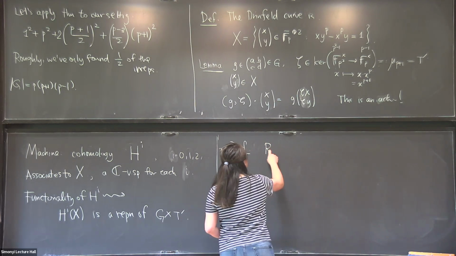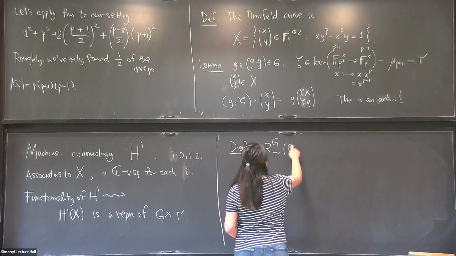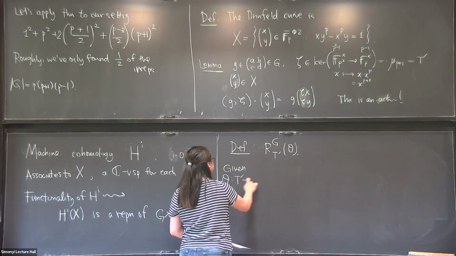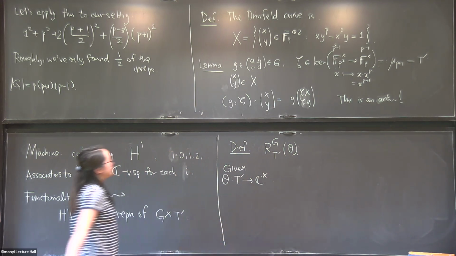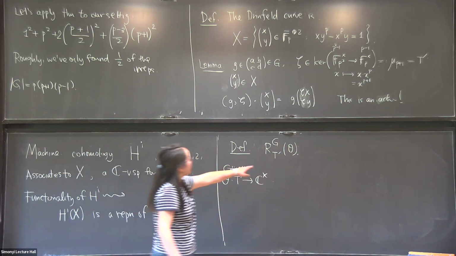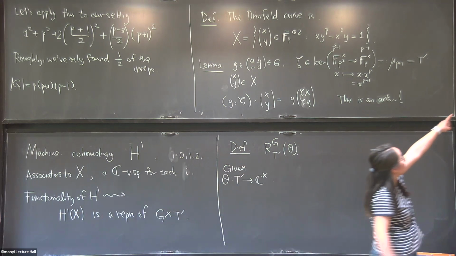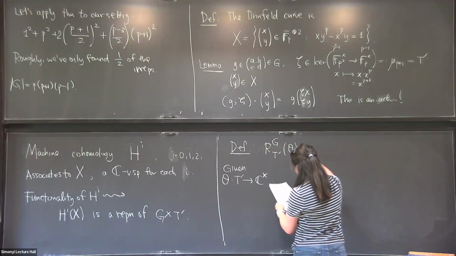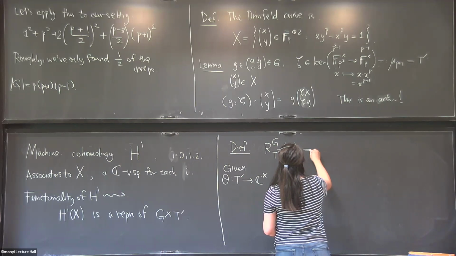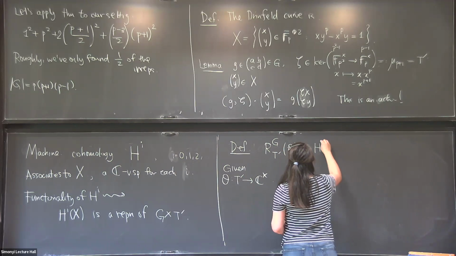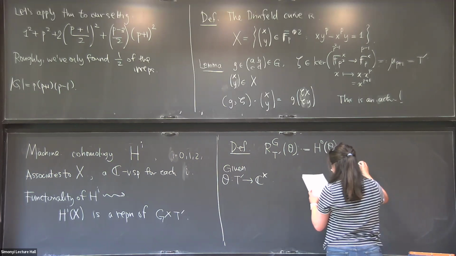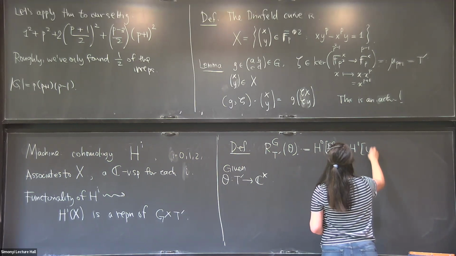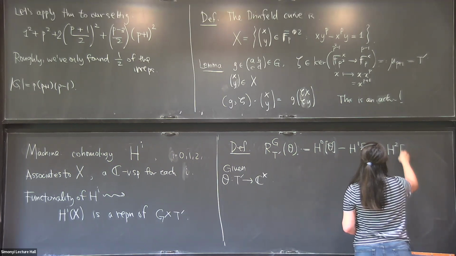So given a character theta, a one-dimensional representation of T prime, I'm going to define an analogous thing to what I did over there. Over there we had R_T^G of something; here I have R_{T'}^G of this theta. This is going to be defined to be, maybe in brackets, H^0 of theta minus H^1 of theta plus H^2 of theta.